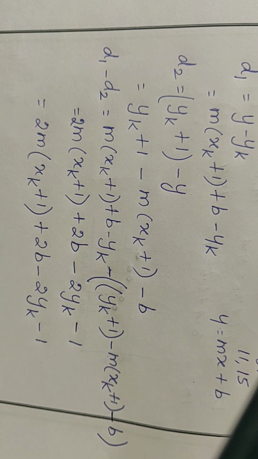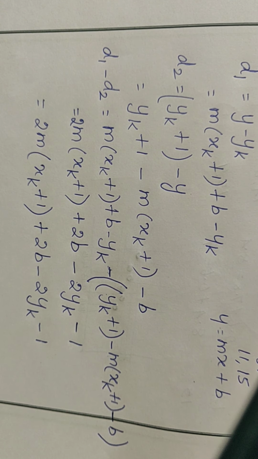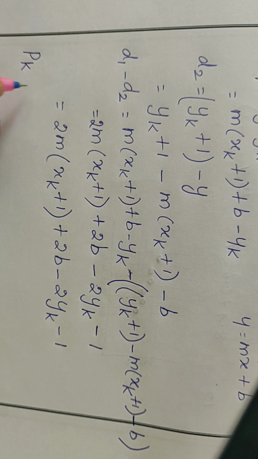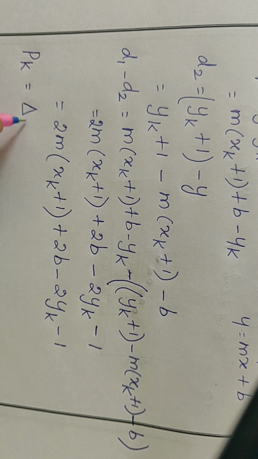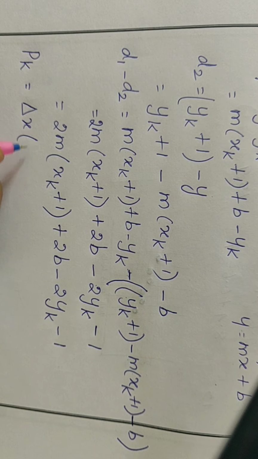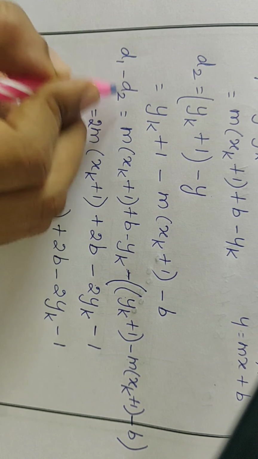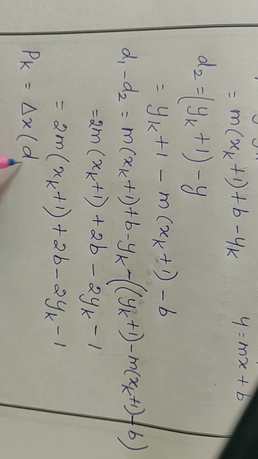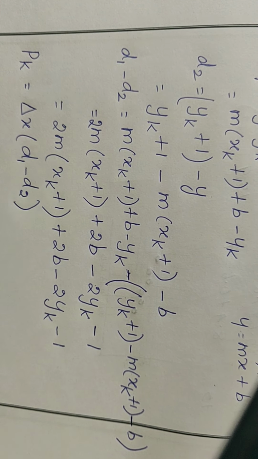Right? Now what is pk? pk is directly proportional to the difference of separation between two pixels. Directly proportional. So if I want to make it equal, I have to add a constant. So I'll add a constant, and it is proportional to the difference of distance between two pixels, which we have calculated here as d1 minus d2.